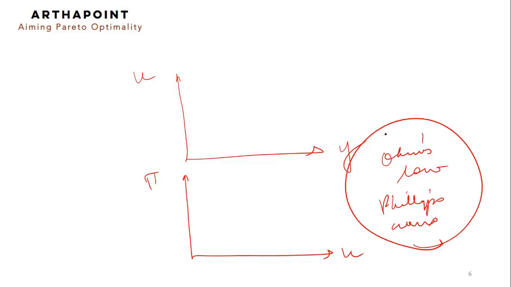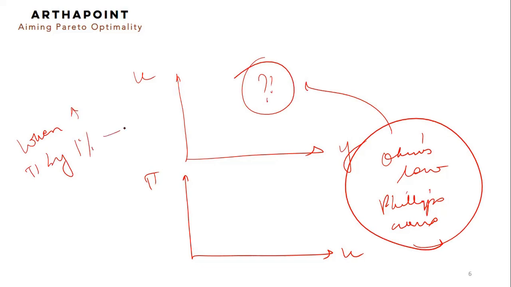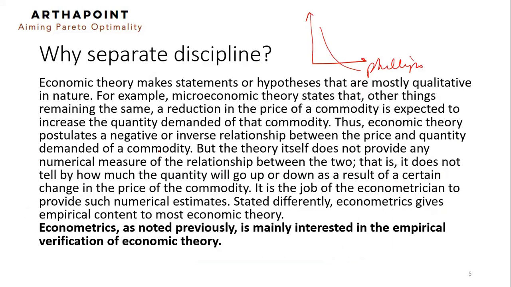But what if I have to tell this mathematically? What if I ask you, as a policymaker, when I increase inflation by 1%, by how much will my unemployment decrease? That is where econometrics is going to come into play.